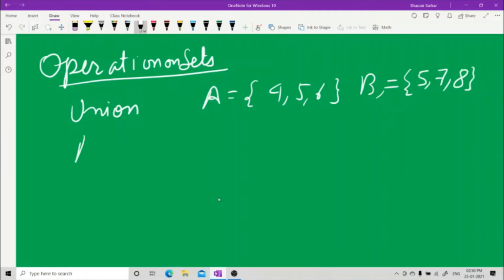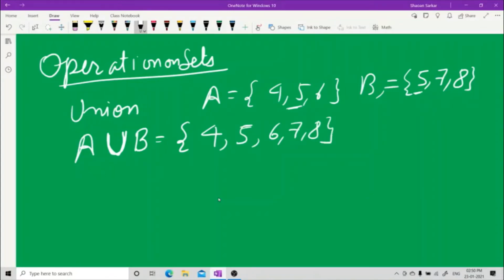Union is denoted by this U symbol. A union B: you write the common element only one time, since this element is here also, this element is here also. Write it one time only, and all the uncommon elements.